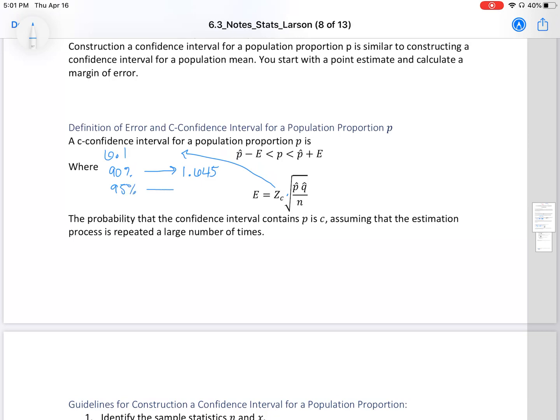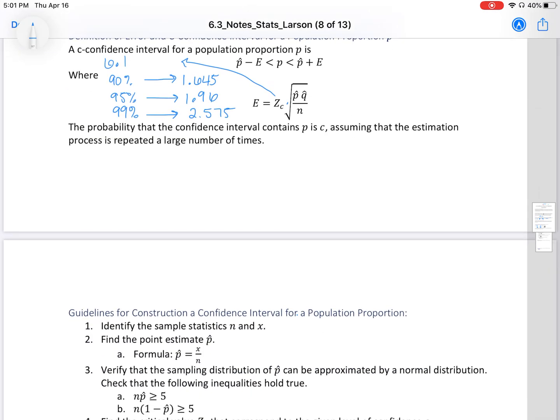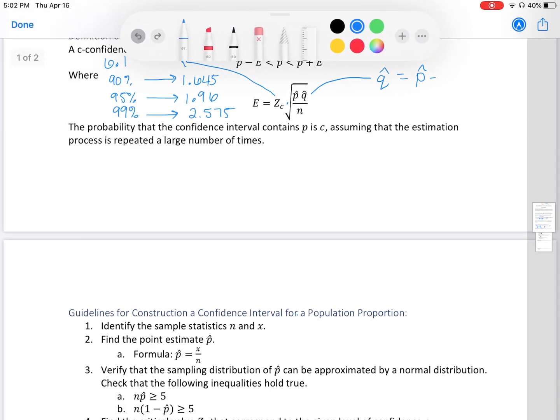For 95%, we had a critical value of 1.96. And 99% confidence, we had a critical value of 2.575. And don't be thrown off, q hat, remember, is 1 minus p hat.